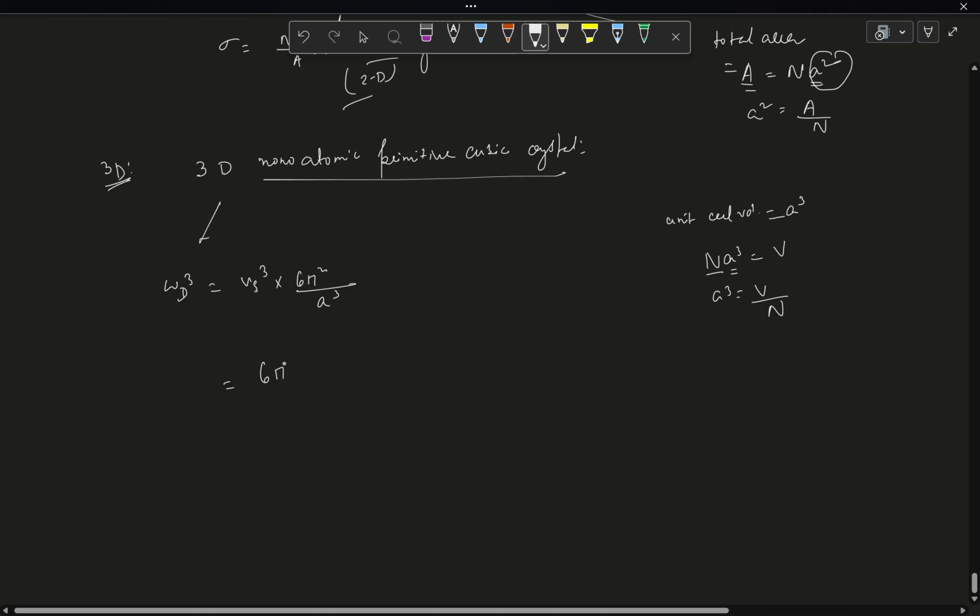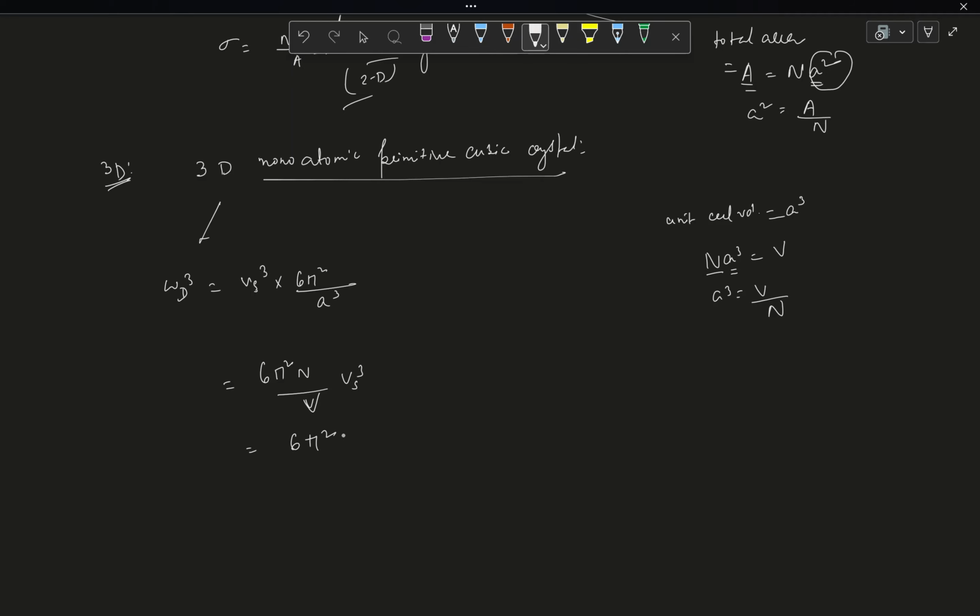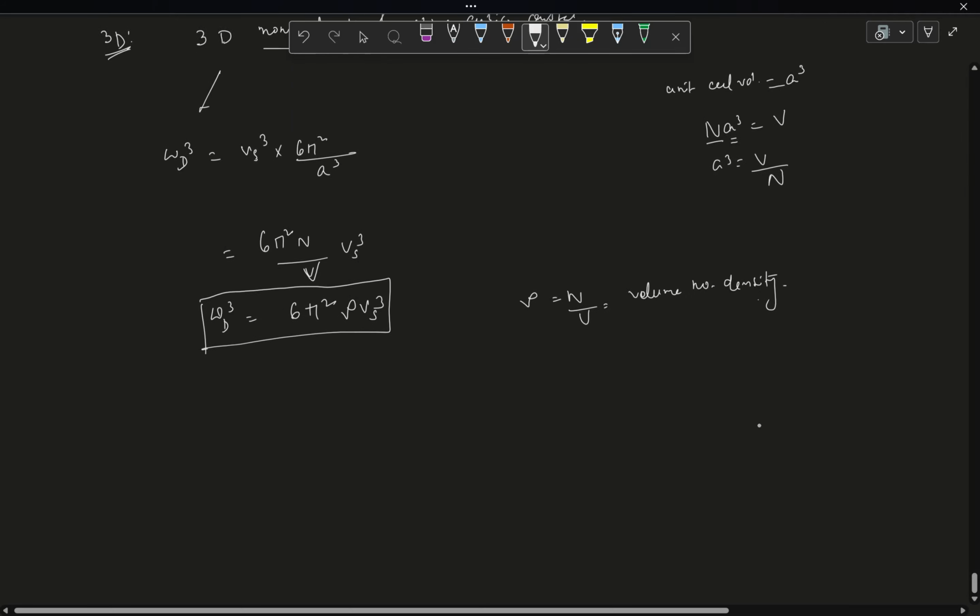A cube is just V by N, so 1 by A cube is N by V. So this is like 6 pi squared into rho Vs cube equals omega d cube. So here rho equals N by V, which is the volume number density. It is the number density in 3D, because this is the number of molecules per unit volume.